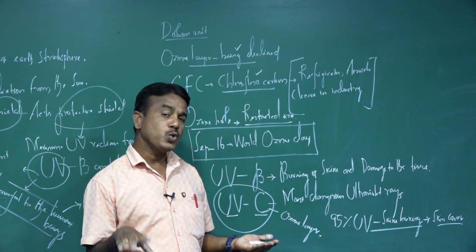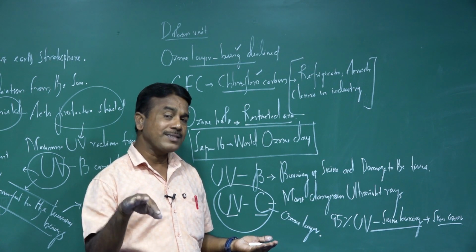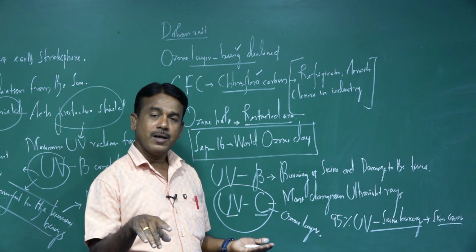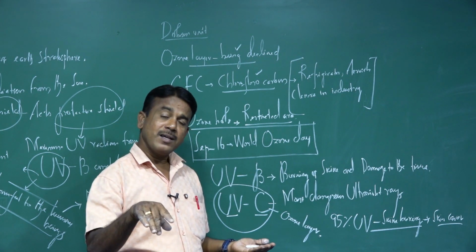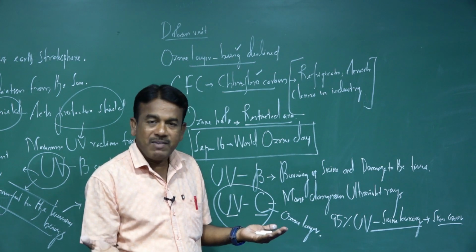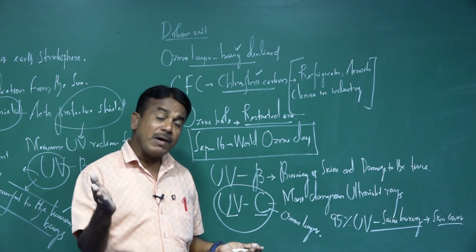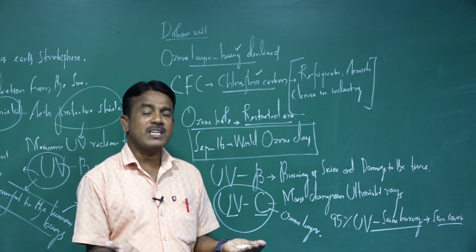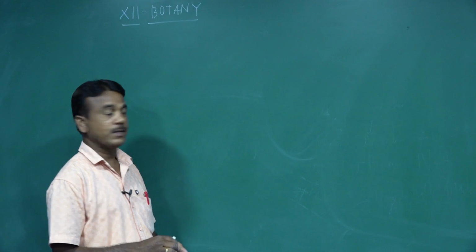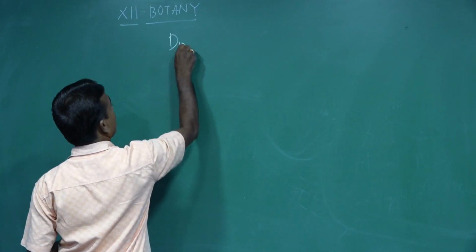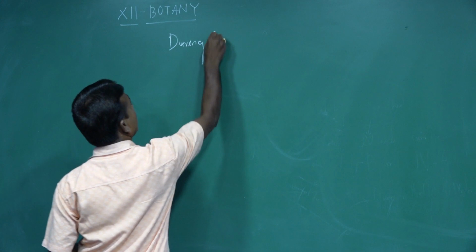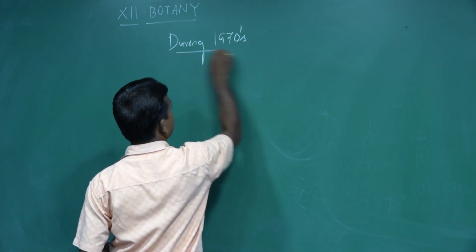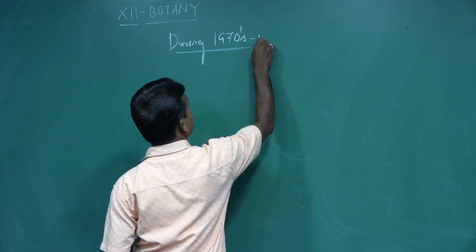The ozone hole happens in a restricted area, but when it happens, living organisms cannot survive. To survive, all living organisms on the earth need a uniform thickness of the ozone layer. During the 1970s, many researches were going on.